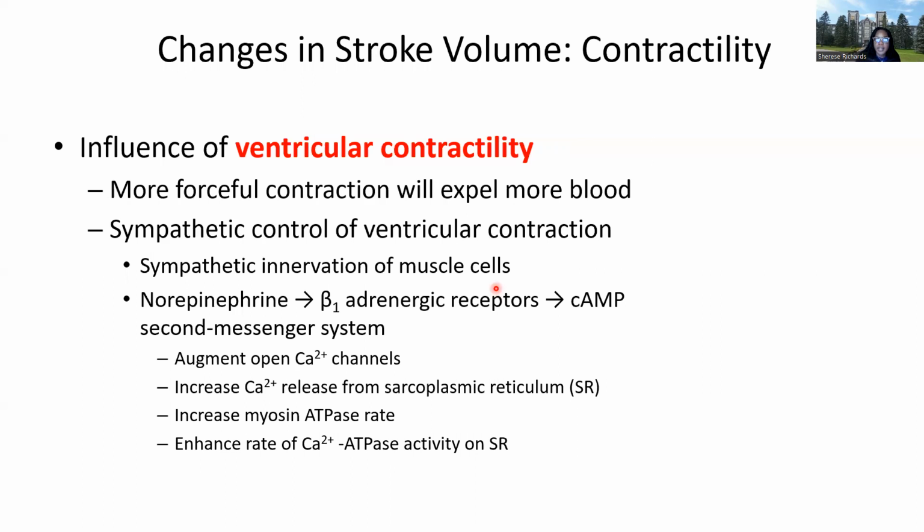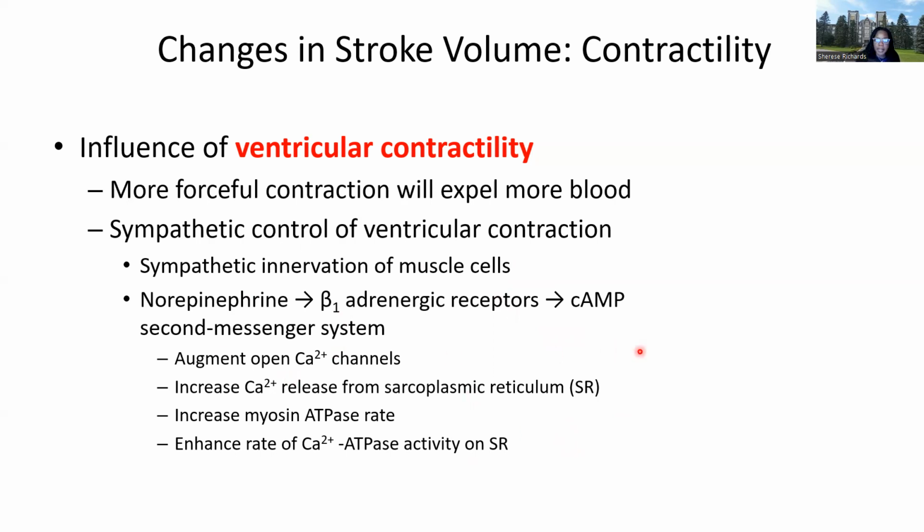So the sympathetic system, by way of norepinephrine binding to, once again, our beta-1 receptors, more of that cyclic AMP being released, that will encourage 4 events that will result in increased ventricular contractility. All right, what are those 4 events?